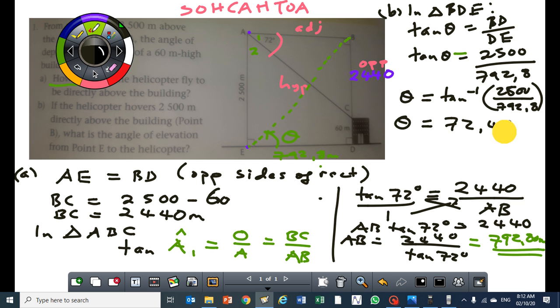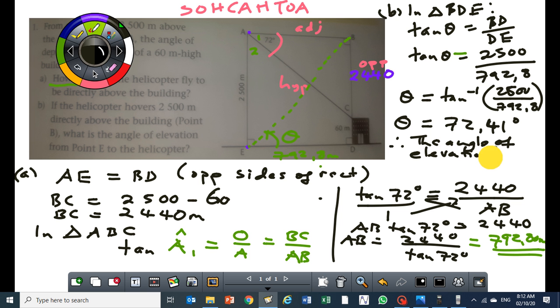Then you can say, therefore, the angle of elevation is 72.41 degrees. Okay. It's fine now.